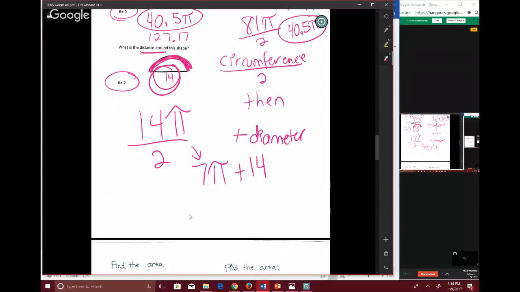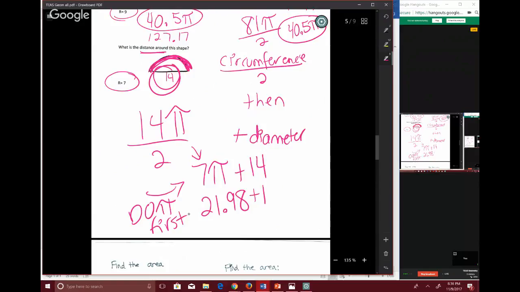So in this one, you have to do pi first. So 7 times 3.14 is 21.98. Now I have a normal number. Now I can add my other normal number, which is 14, to get my sum, and my sum is 35.98.